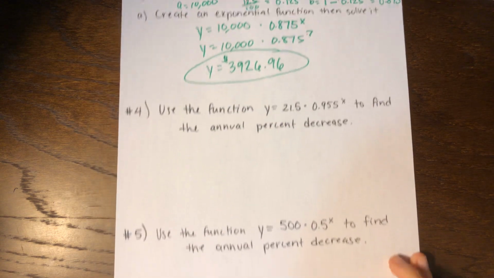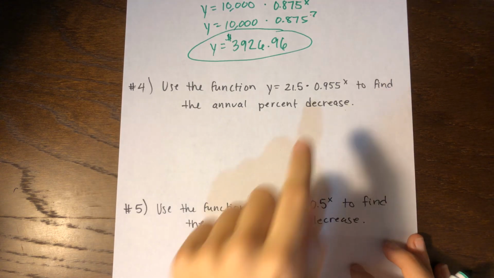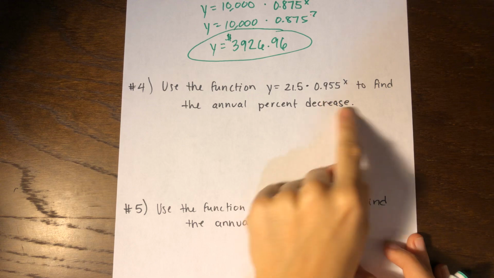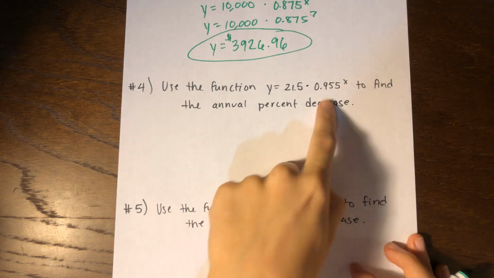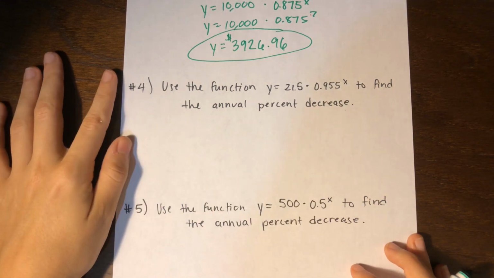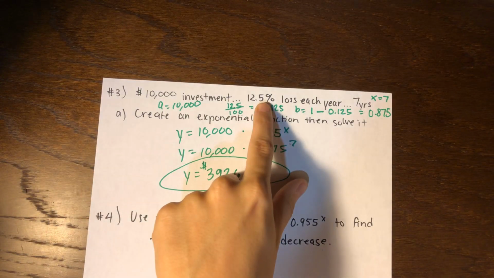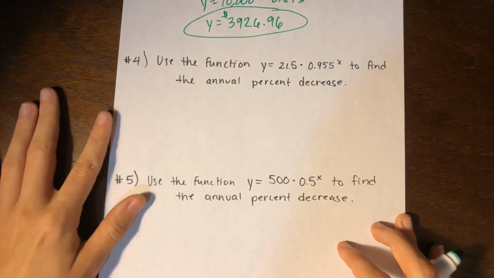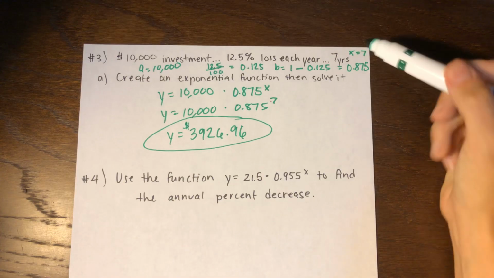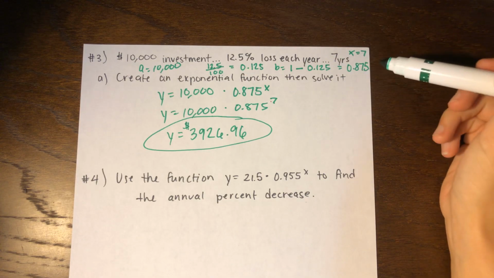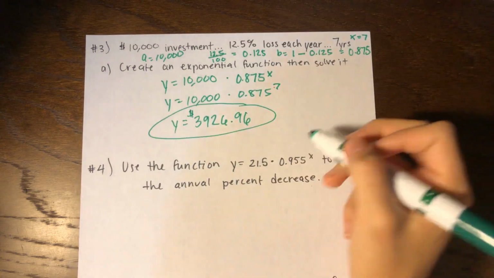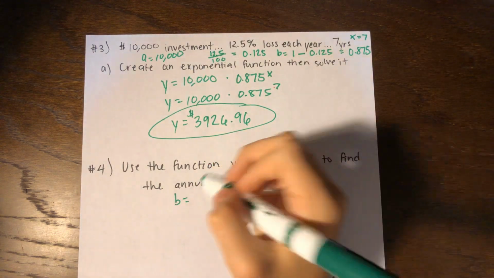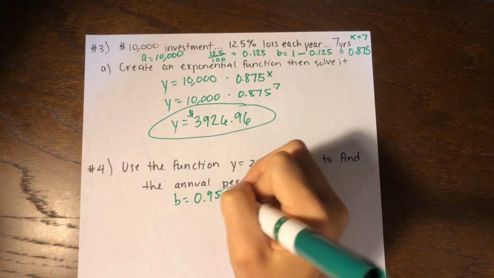These last two are a little bit different. They give us the function, and they want us to find the annual percent of decrease. Just like they gave us a percent decrease here, that's what we're going to be finding. We're not worried about the x. So we know that b equals 0.955.